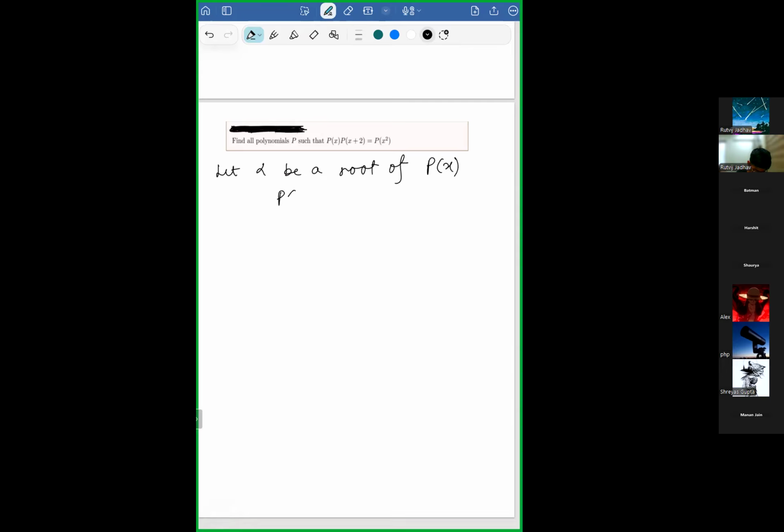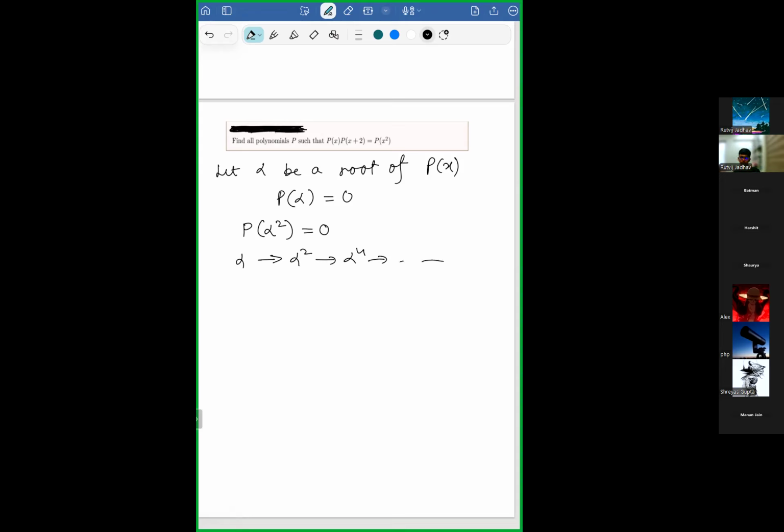So we have p of alpha is 0. Then p of alpha squared is also 0. So you can see you can keep on forming roots from this. From alpha, you get that alpha squared is a root. From here, you get alpha raised to 4 is a root, and so on. You can keep on forming new and new roots.